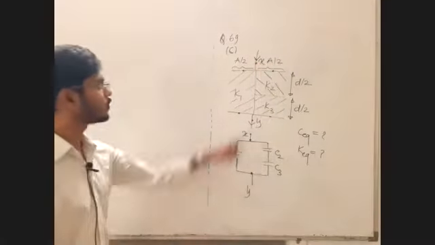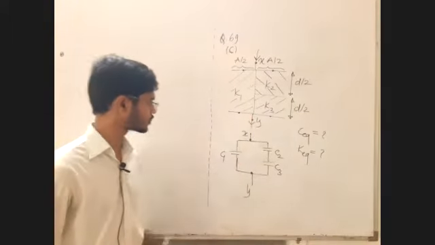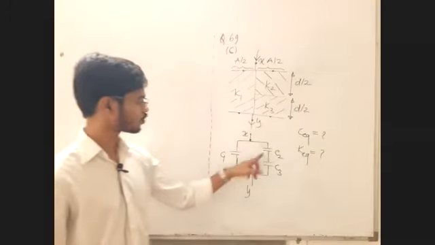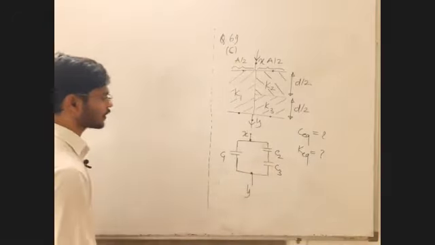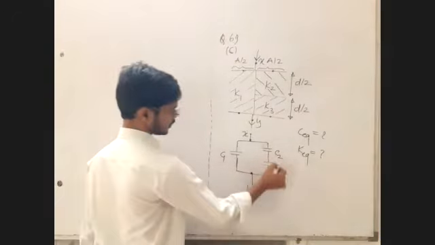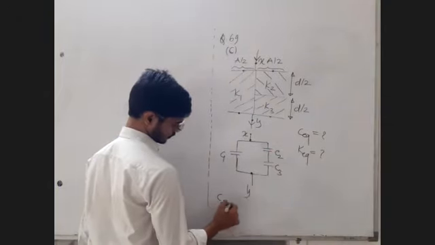Now between point X and Y, if this combination is given, I will convert it into this one. Now I have to find the equivalent combination of C2 and C3 first. What will be the equivalent combination of C2 and C3? Let me write C23.